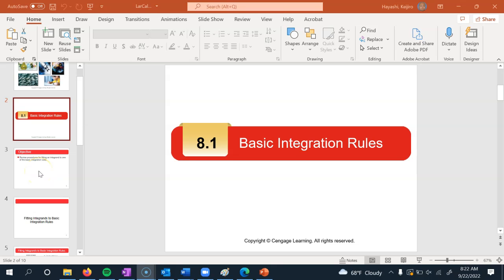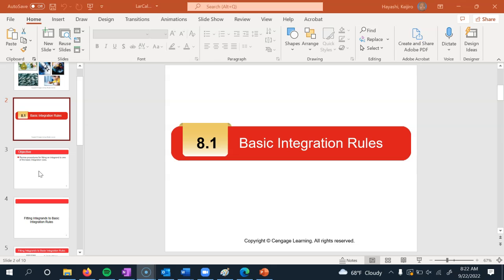Okay, so we just got done with the unit on the applications of integration. You can use them to find volumes and arc lengths and all that stuff. The unit that we're starting now is going to be based on different integration techniques.